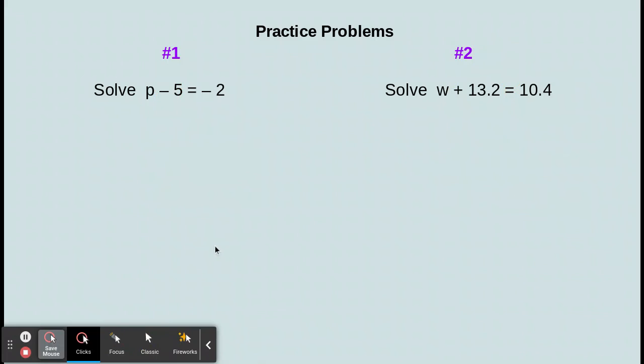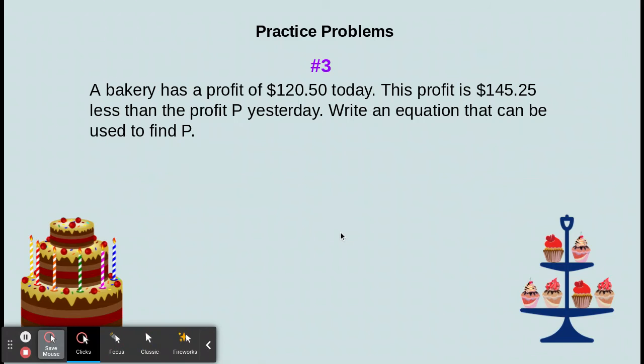All right, and the final one is a word problem that you need to write an equation for, right? So for this one, a bakery has a profit of $120.50 today. This profit is $145.25 less than the profit P yesterday.